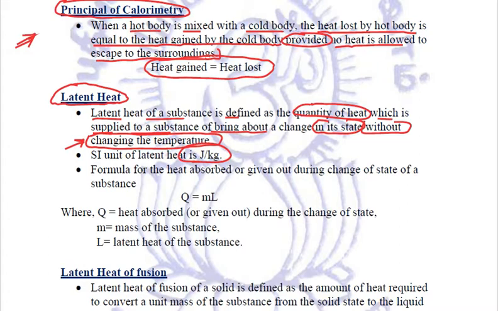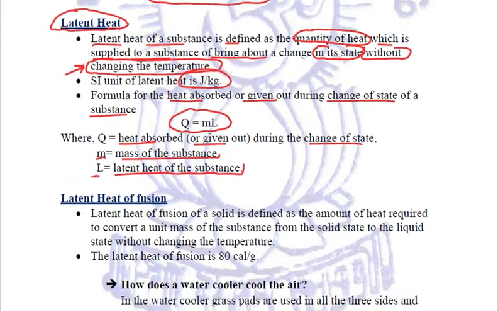Now, if we want to calculate the heat absorbed or heat given out during change of state of a substance, it is calculated by the formula Q = M L, where Q represents the heat absorbed or the heat given out during the change of state, M relates to the mass of the substance, and L is the latent heat of the substance. Clear?